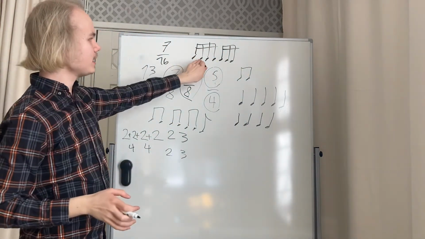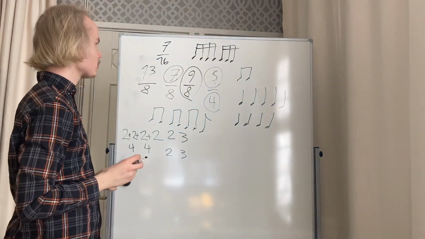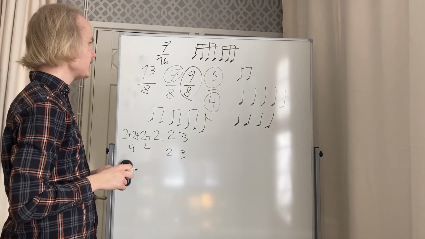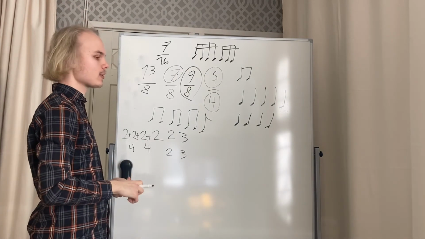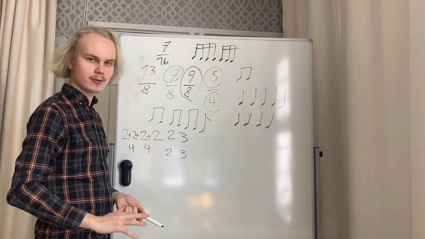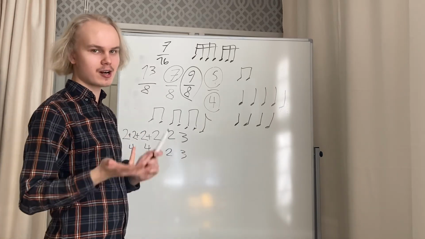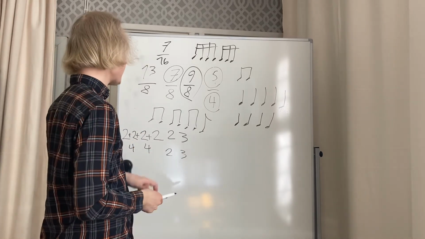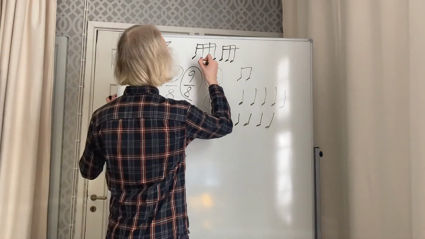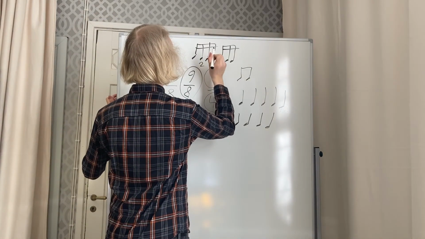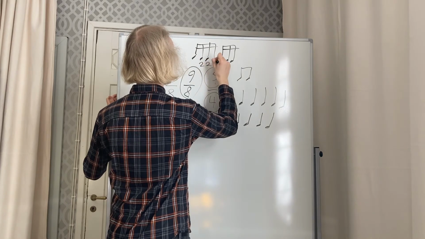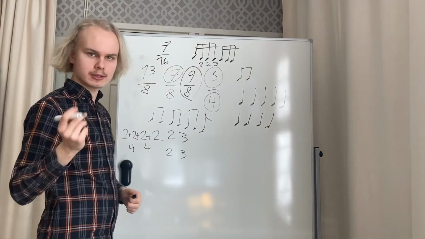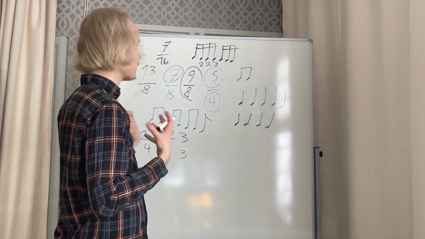So in here we have 7 16th notes, and this time signature would also be like 1 2 3 4 5 6 7, 1 2 3 4 5 6 7. But as you see, it's hard to count. Then it's the same. We count 1 2, 1 2, 1 2 3, again because it's much easier.